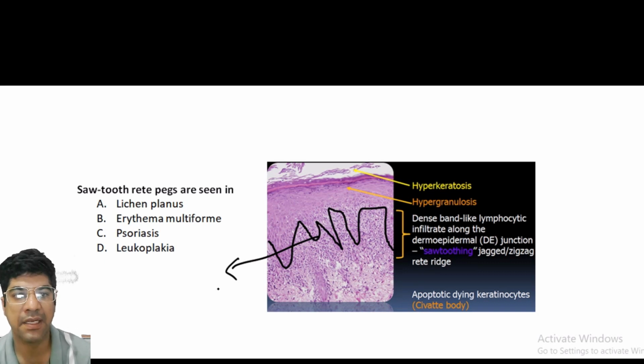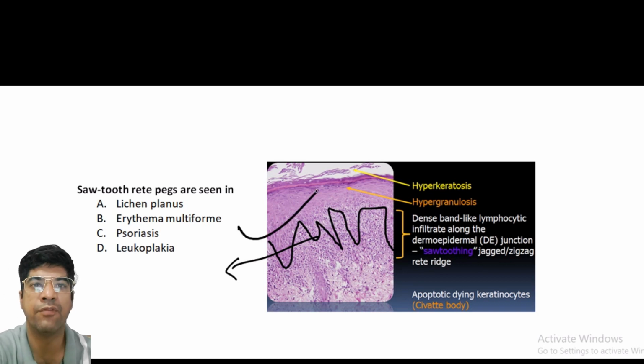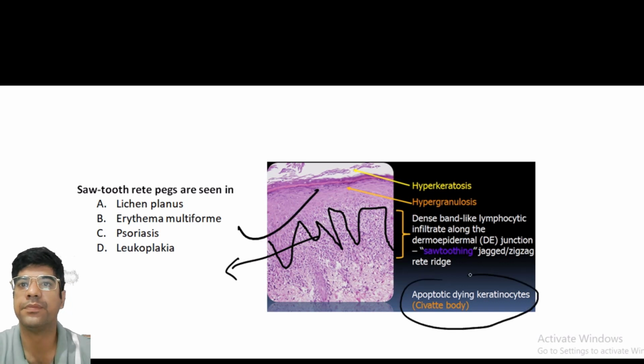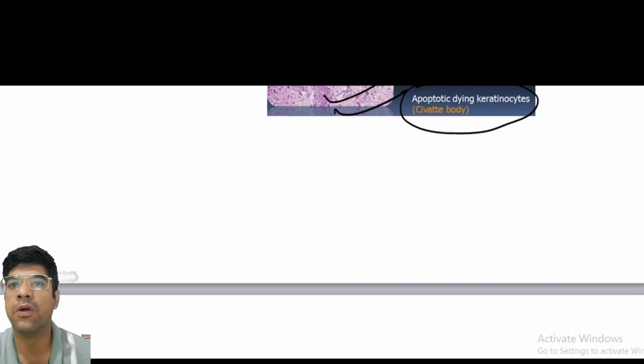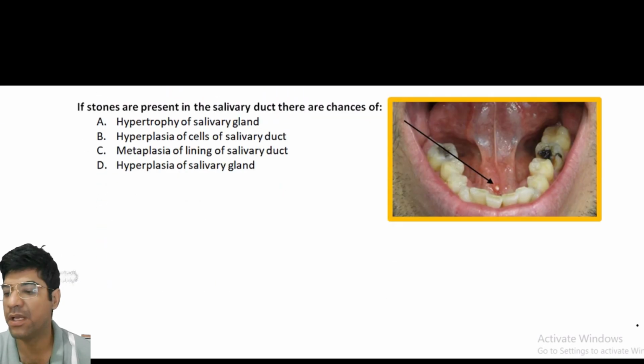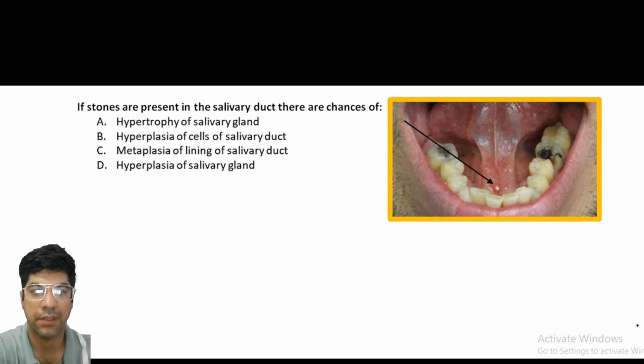The finding is characteristic of lichen planus, a chronic inflammatory skin and mucosal condition. So your answer would be lichen planus. Apart from that, Civatte bodies could also be seen. We have discussed this question previously too. So remember the histological appearance.